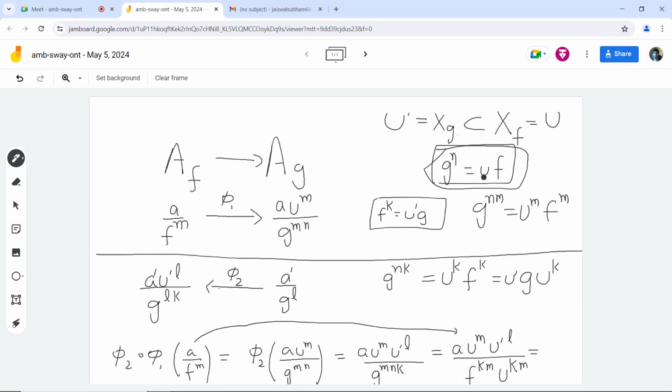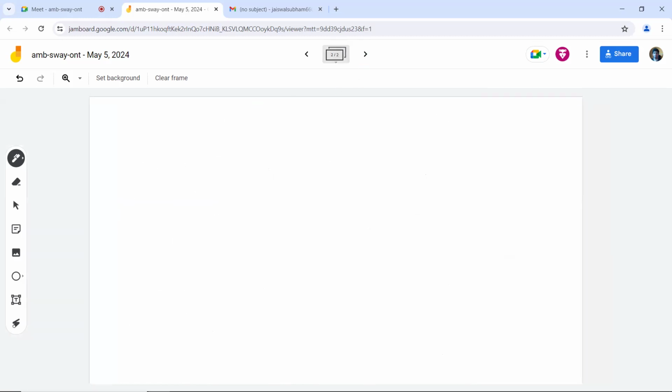Yes. But how do you prove this? Because it's not true in non-commutative rings. So that's why we should check it. It's true. If AB is invertible, it implies A and B are invertible.